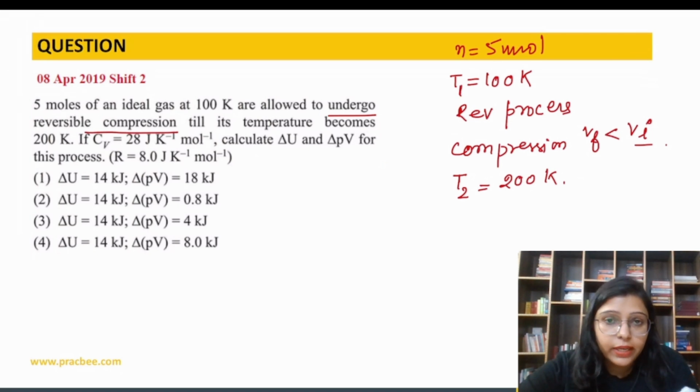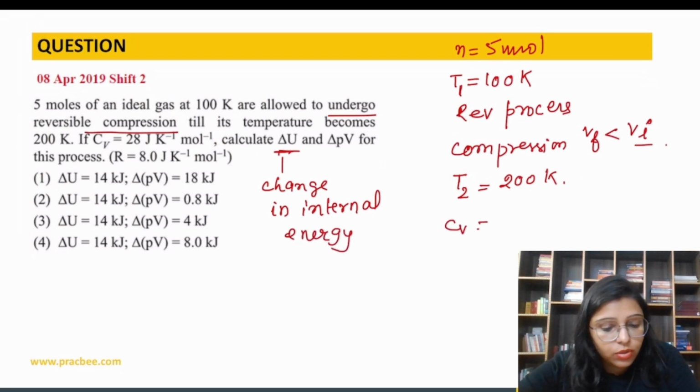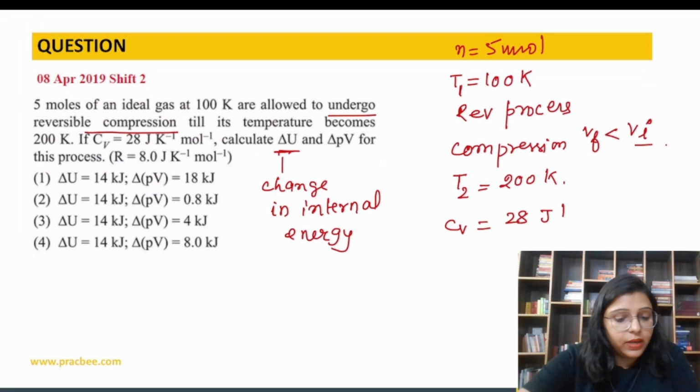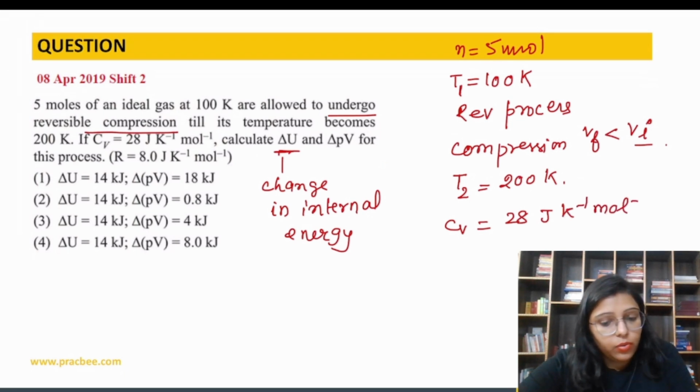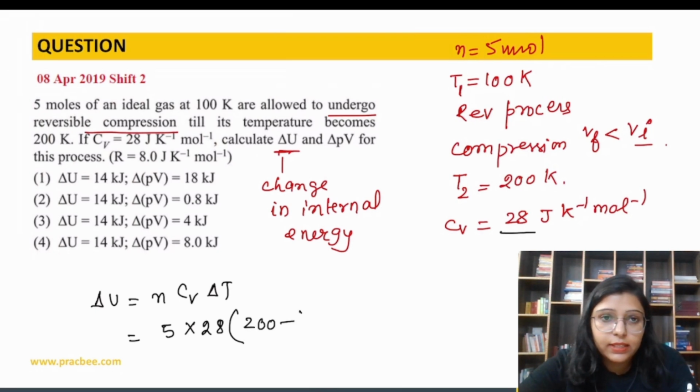Calculate delta U, the change in internal energy, and we have to calculate delta PV. CV is also given, 28 joule per Kelvin per mole. So which formula are we going to use? To find the internal energy change, delta U is equal to nCV delta T. So n is 5 mole, the value of CV is 28, and delta T is 200 minus 100.